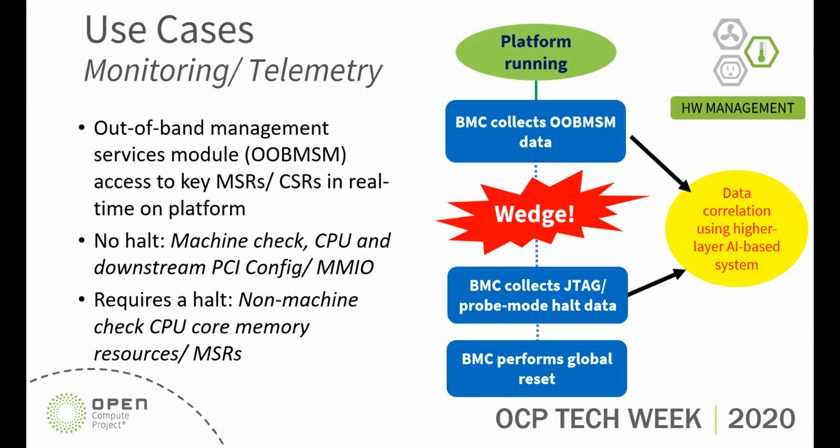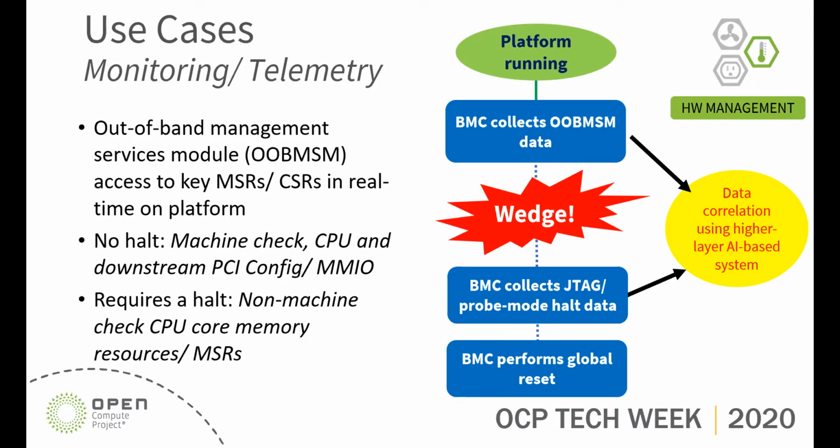All right, I'll continue quickly here. Monitoring and telemetry is CPU silicon dependent, but in some instances, it is possible to use the out-of-band service management services module to collect data in the background with the platform running, without using JTAG to halt the platform. So you can collect, right, as part of logs, operational measurements, right?